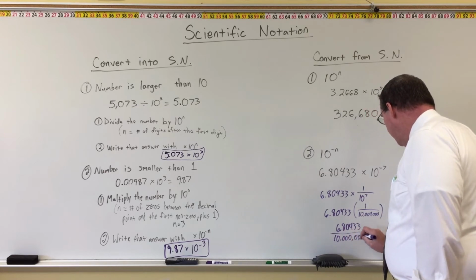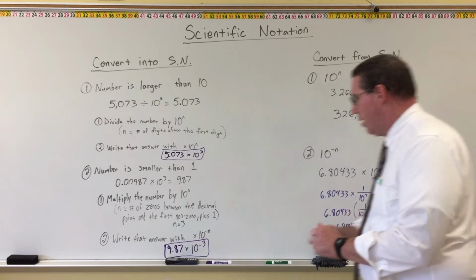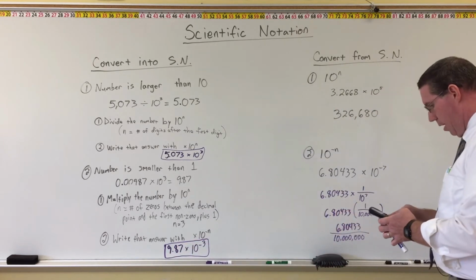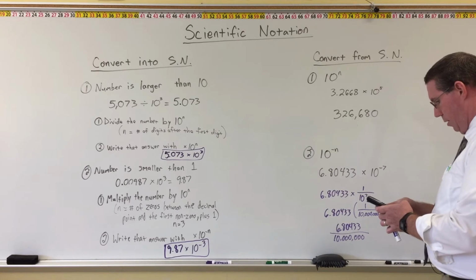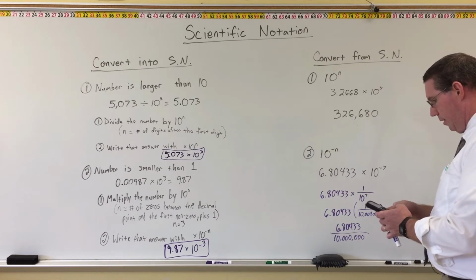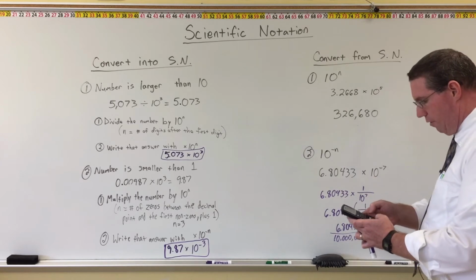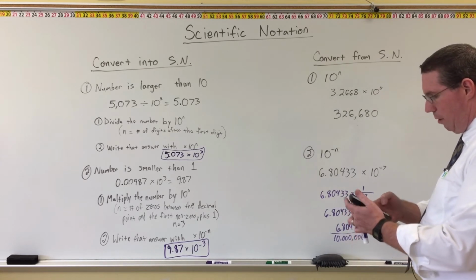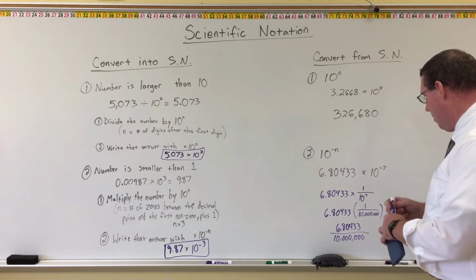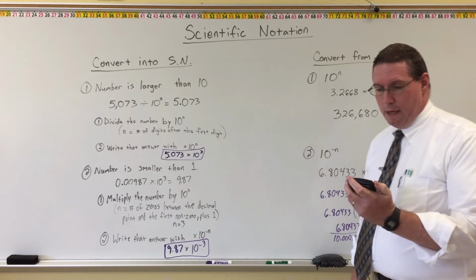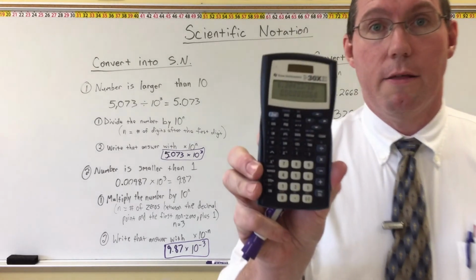And so what I can do in the calculator is I can just type in 6.80433 divided by 10 million, or 10 to the 7th power. So divided by 10 to the 7th power, and I get, now here's the problem, the calculator doesn't give me the whole answer.